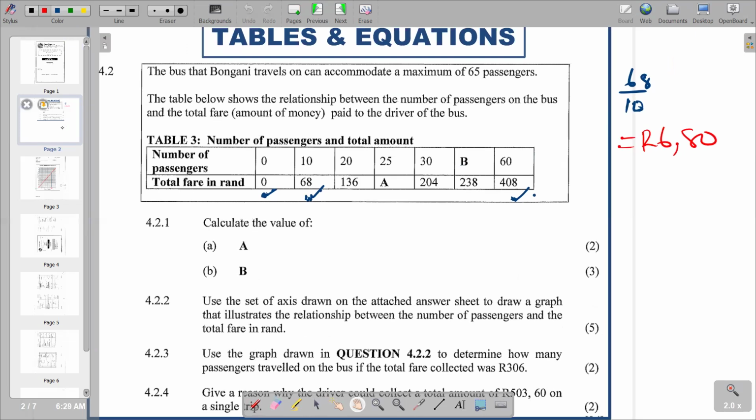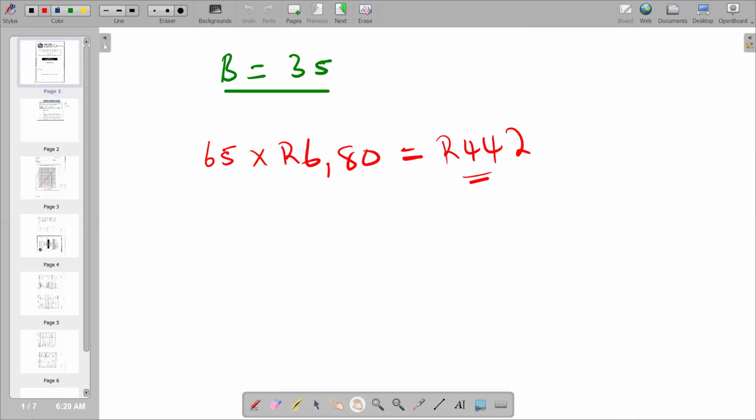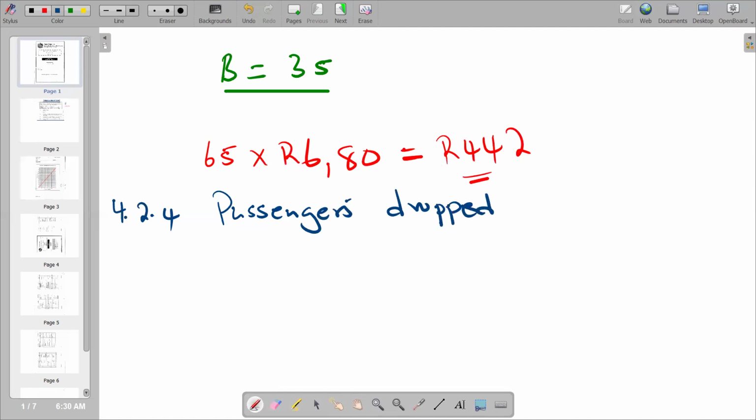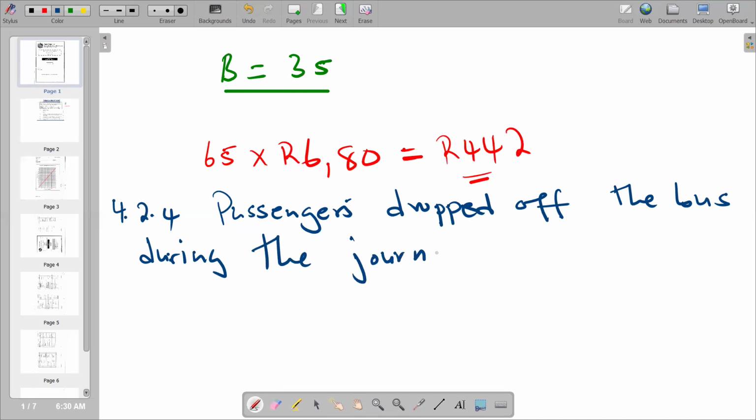So in our other section, we are just going to explain it as passengers dropped off the bus during the journey, and more passengers.